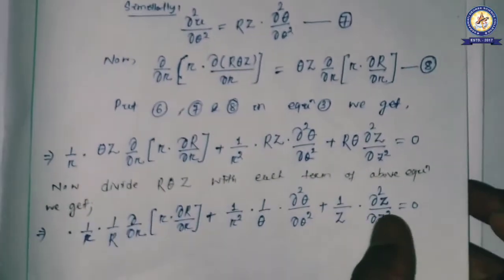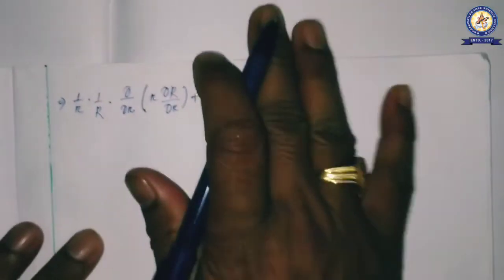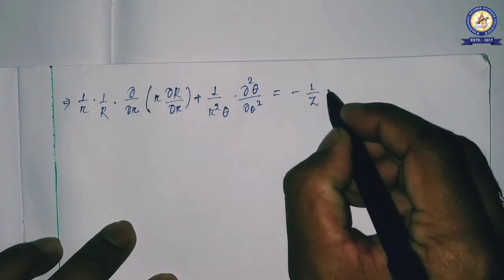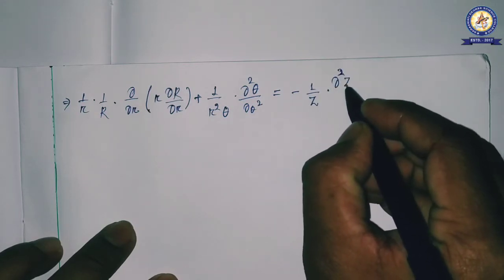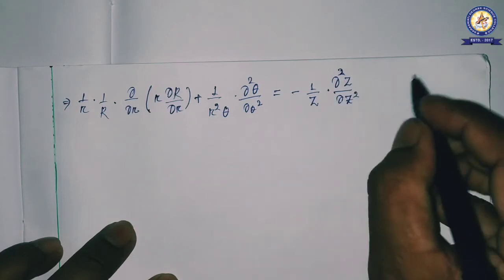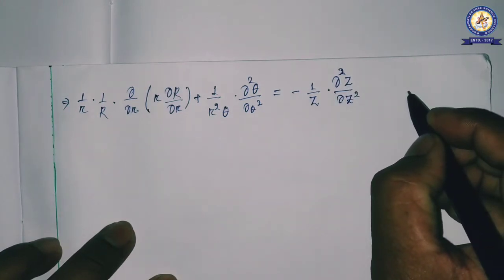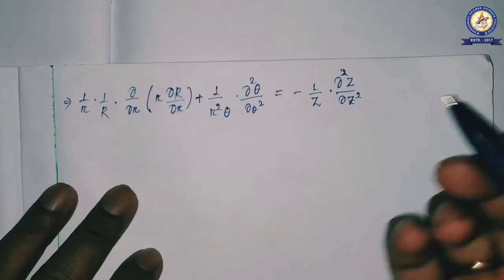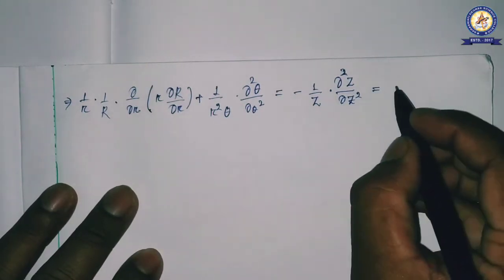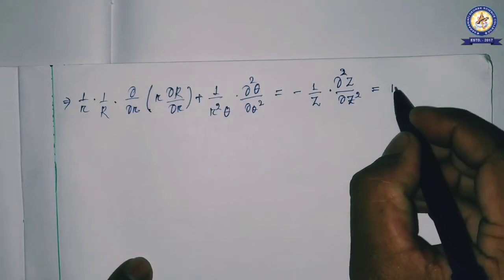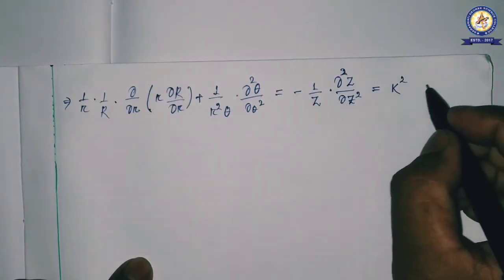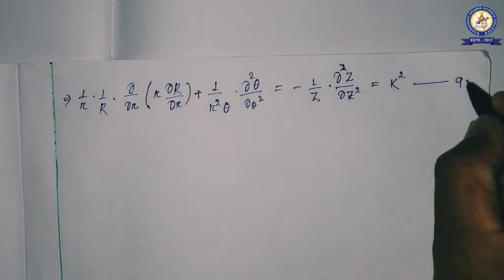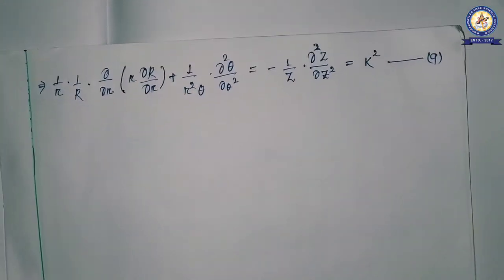So minus 1 by capital Z into del square capital Z by small z square. See here, left hand side equal to right hand side, this term equal to this term. Let both be equal to a constant, that is small k square. This is your equation number 9. The last equation was 8, so let this be your equation number 9.